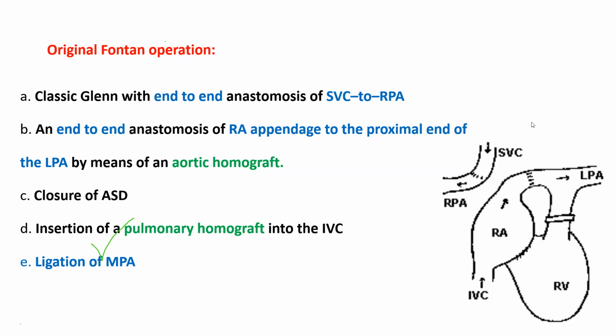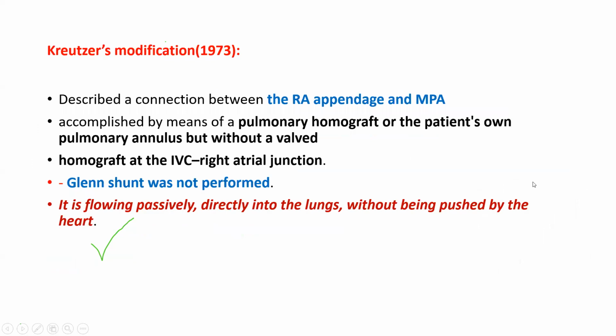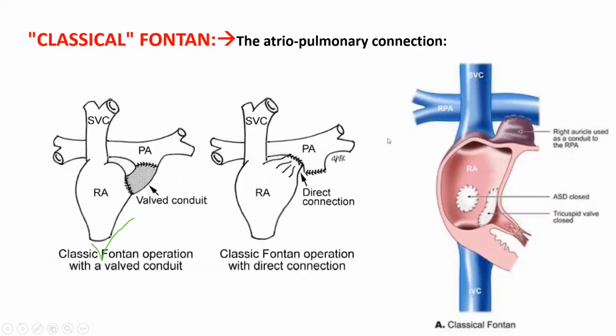This was the graft he put, which is associated with a valve. This valve was problematic. That's why the Kreutzer modification came. He used the pulmonary annulus without a valve, but he did not transect any SVC or IVC, just connected the right atrial appendage to the MPA. So what we call a classical Fontan is with the valved conduit, as I already described. The SVC was connected to the RPA, and from the IVC, from the right atrial appendage to the LPA.